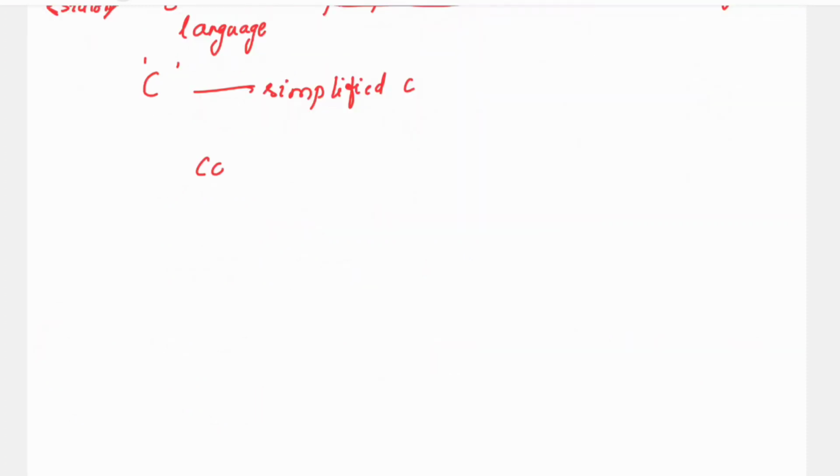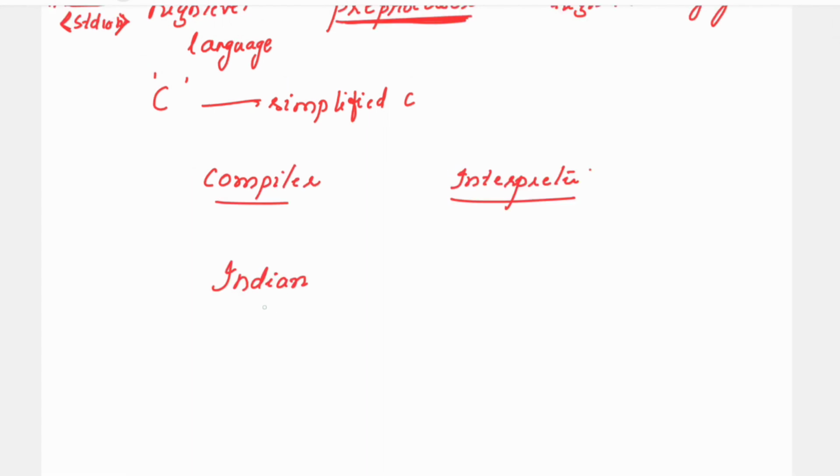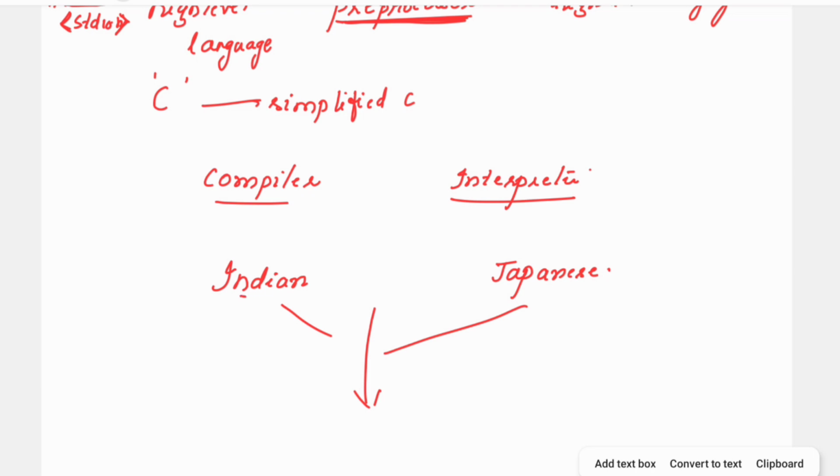For this compiler and interpreter, I can give an analogy here. There is a meeting between two leaders from two different countries. One is from India, so we call it an Indian leader, and another, let us take Japan. These two leaders have to talk to each other and they do not know each other's language. The Indian leader doesn't know the language of the Japanese, and the Japanese leader doesn't know the language of the Indian. So for these two people, a person who can translate these languages is appointed.